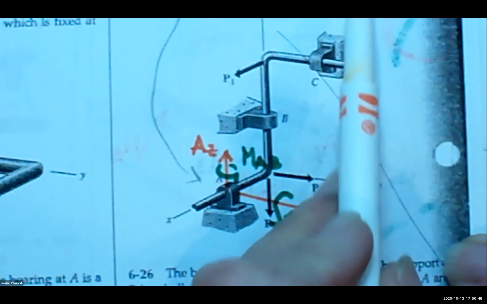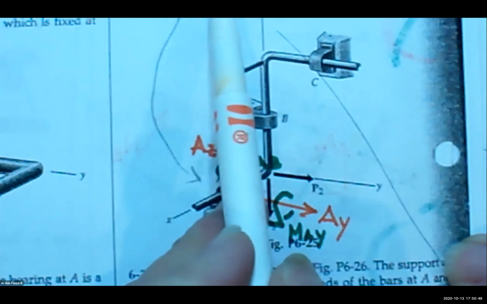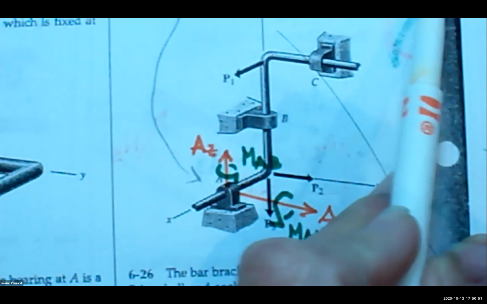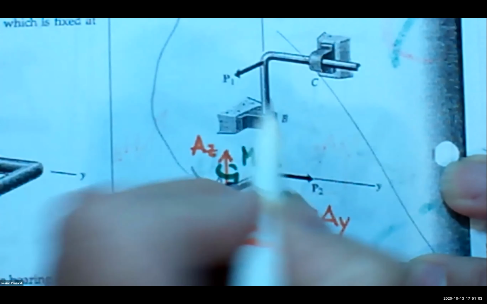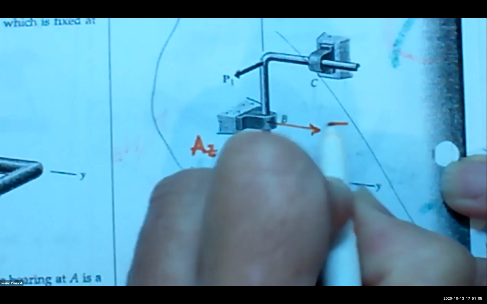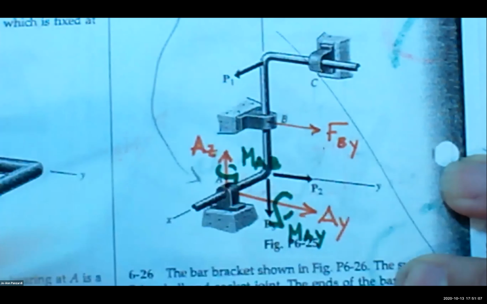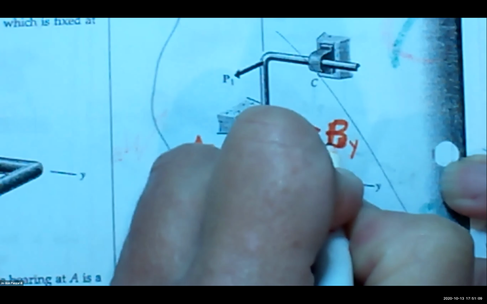The supports at A is a journal bearing, and the supports at B and C are ball bearings. Oh, okay. So what do I draw? You draw a reaction in the Y, a force or a moment? A force. Okay, call it BY.